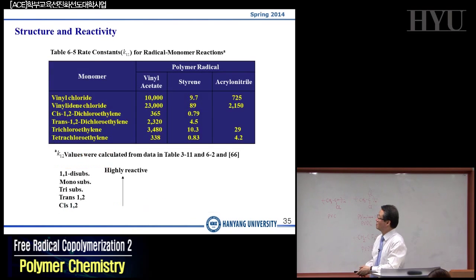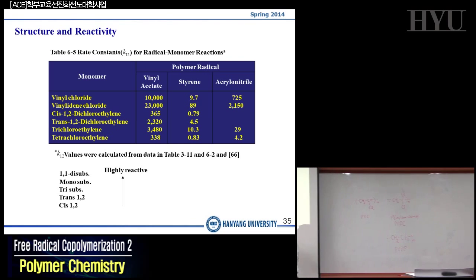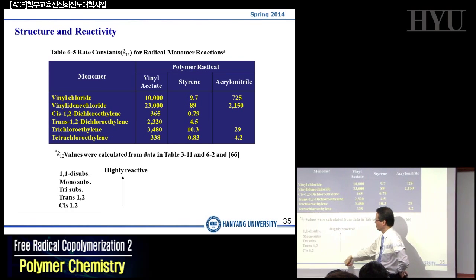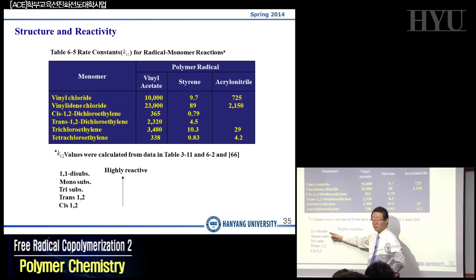So overall, regarding the reactivity of those substituted polymers, if you take a look at these values summarized in this table, the 1,1 disubstituted one is much more reactive than the monosubstituted one. In other words, PVDC is much easier to make than PVC.